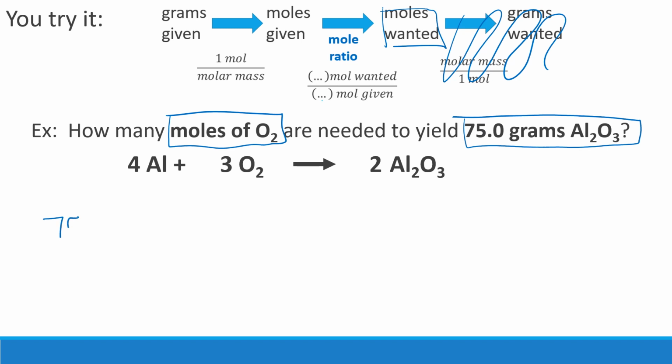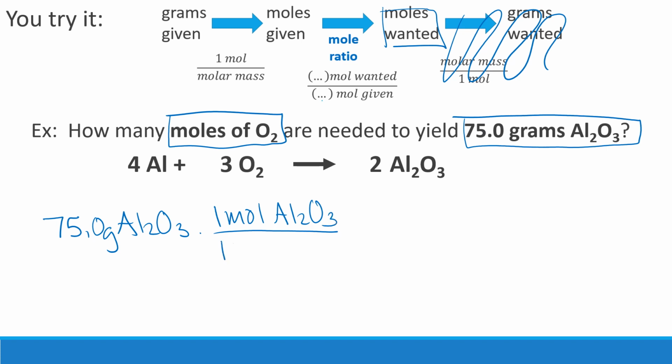So quickly, 75.0 grams Al2O3. Step 1, convert it to moles. 1 mole Al2O3 has a molar mass of 101.96 grams. Canceled out grams of Al2O3.